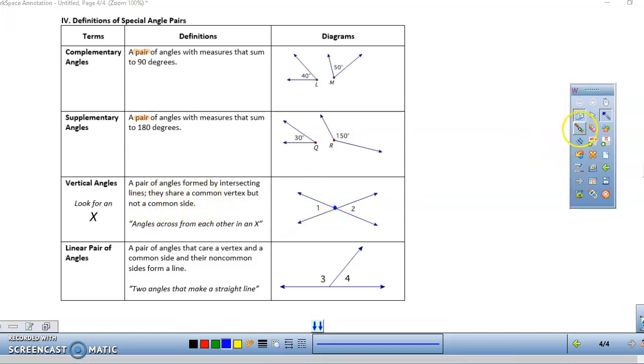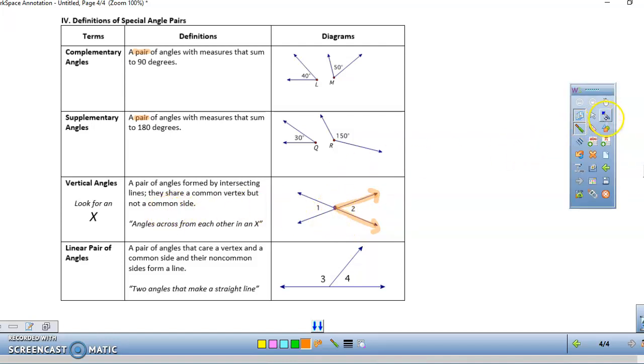If I just highlighted, for example, angle 2, remember a side is a ray. So this is one side of angle 2, not a side of angle 1. This is the other side of angle 2, also not part of angle 1. So they do not share a side of an angle, but they share a vertex.